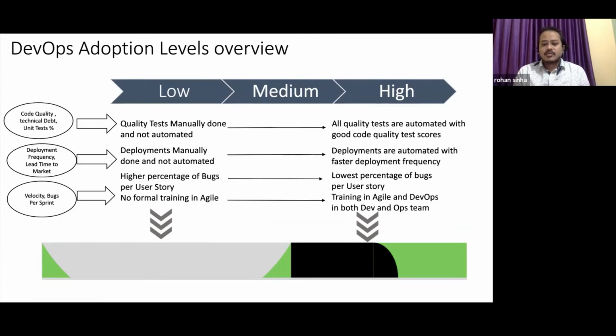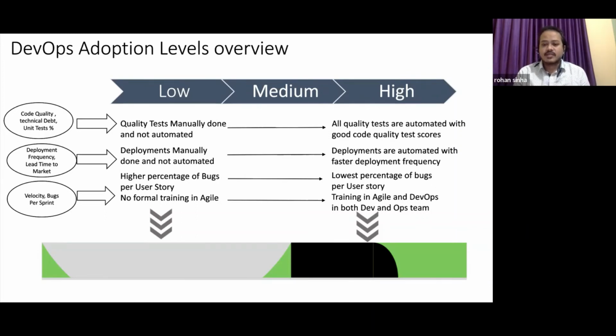And also, we can have the people perspective of measurement. That means whether the team has any formal training in Agile or not. If they don't have any formal training in Agile, it represents a low adoption level for DevOps maturity.